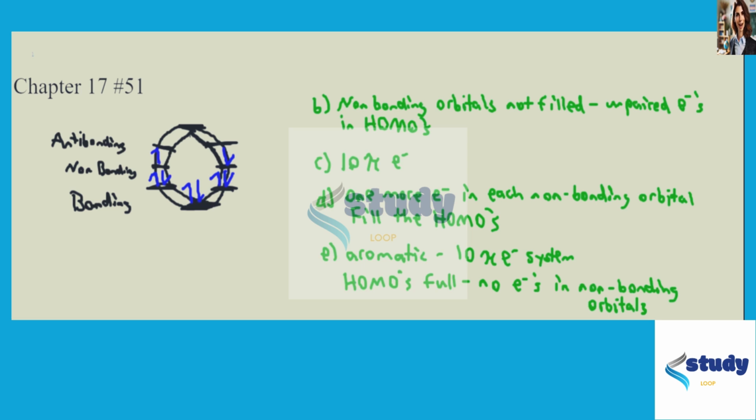The dianion, however, would be a 10 pi electron system. And so actually, I'll just draw those extra electrons in green. So they would go here and here to fill those orbitals. And that would make the dianion an aromatic system. And that's the answer to chapter 17, problem number 51.